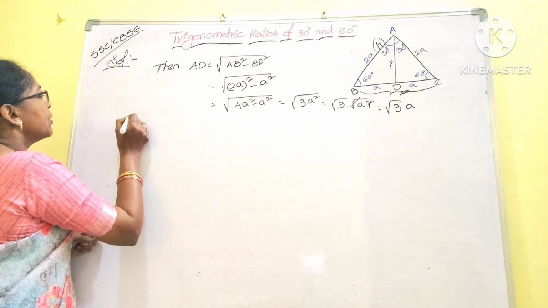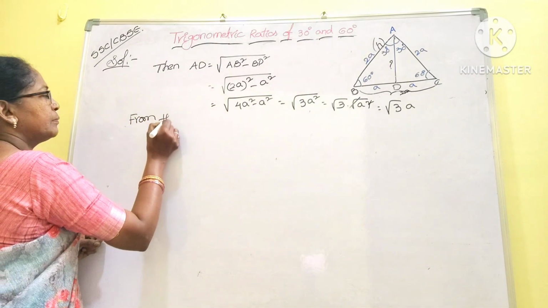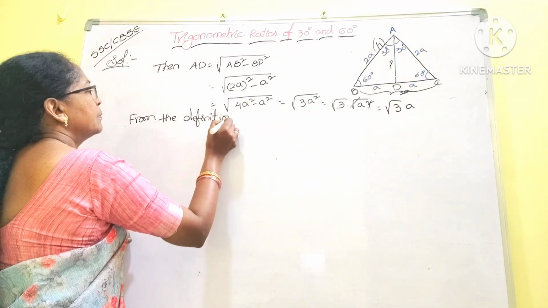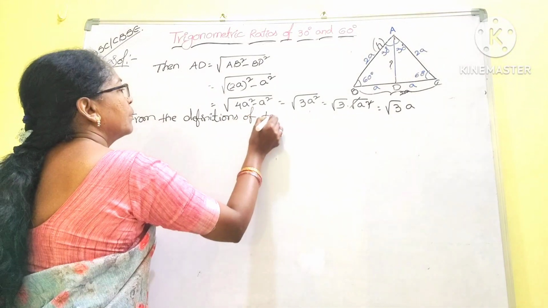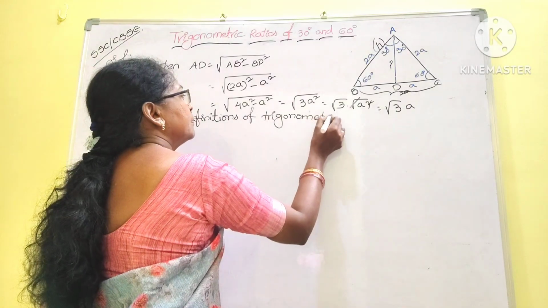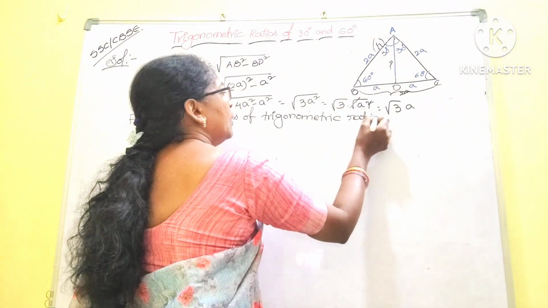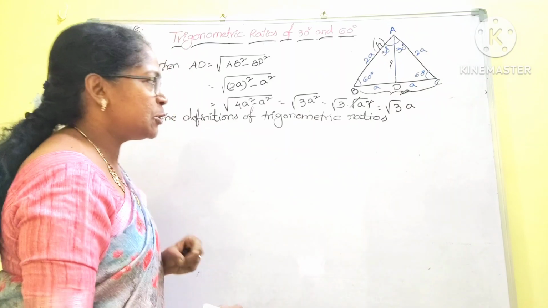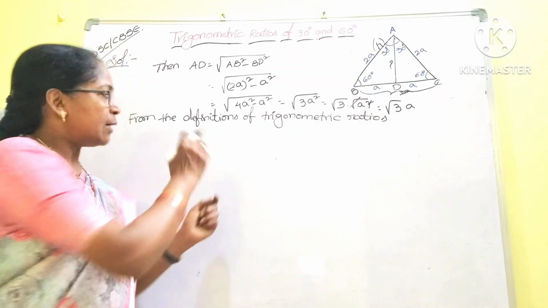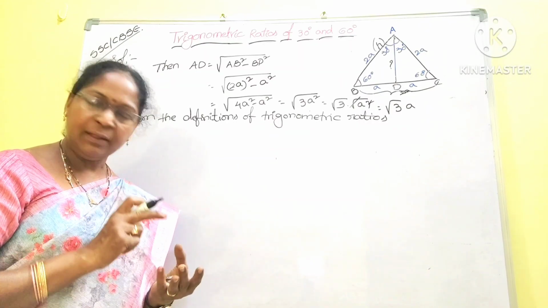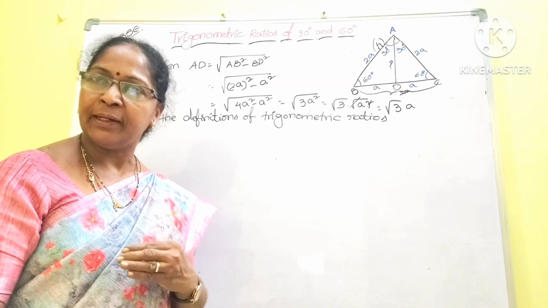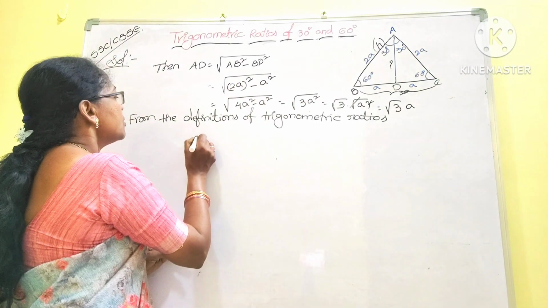From the definitions of trigonometric ratios, we know the 6 trigonometric ratios: sine, cos, tan, again cosecant, secant and cot. Now one by one we have to write down. So first one is sine.